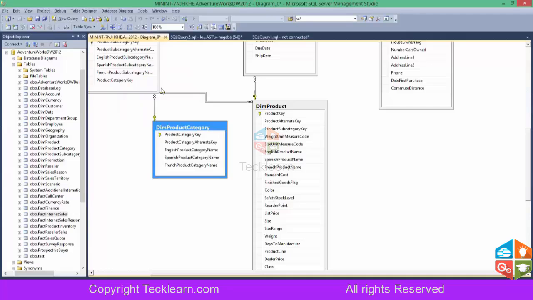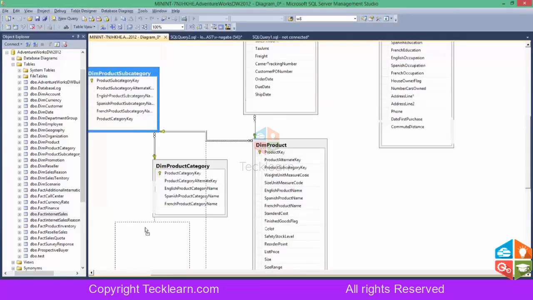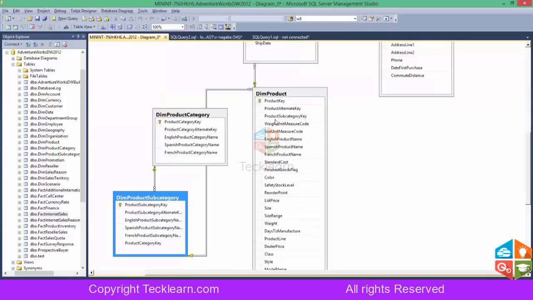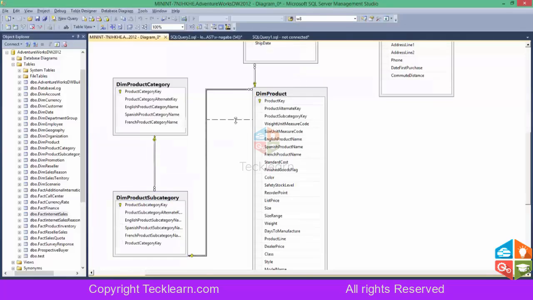If you see in this example, dim product is connected to subcategory and then dim category. I have two more dimensions, which means I have dimensions which are not directly pointing to a fact. This typical data warehousing model is called Snowflake.